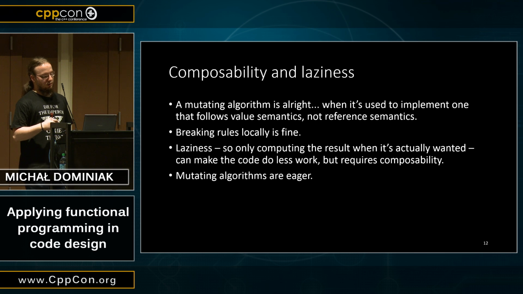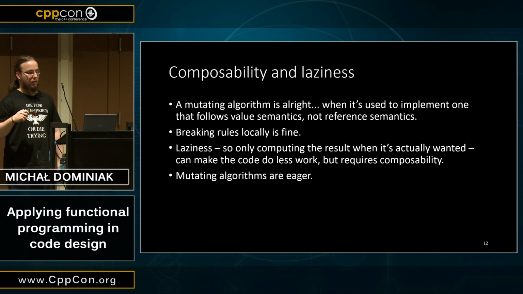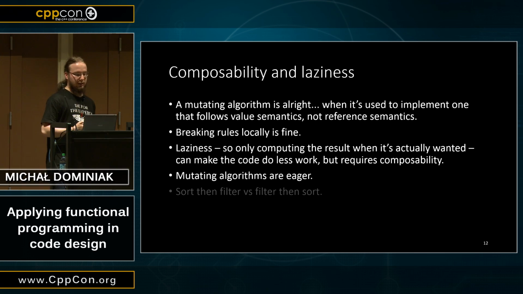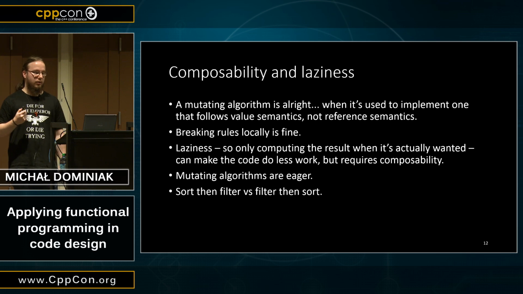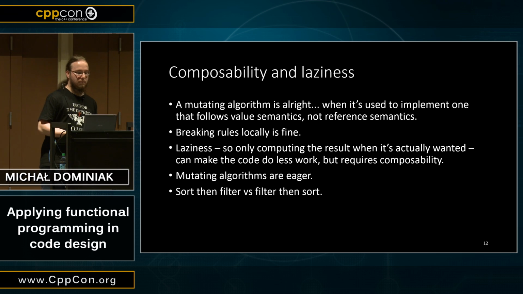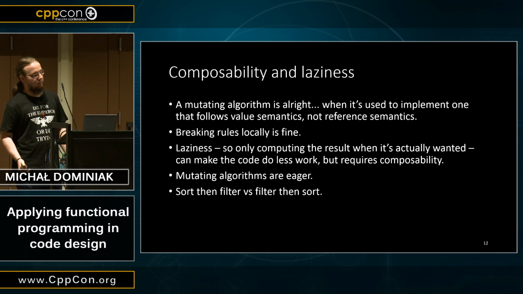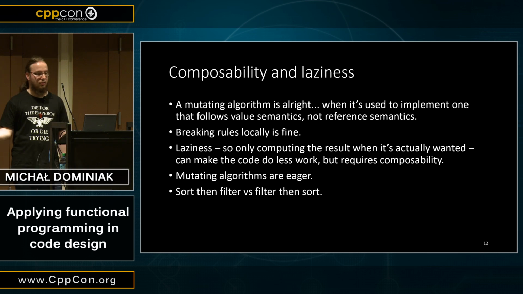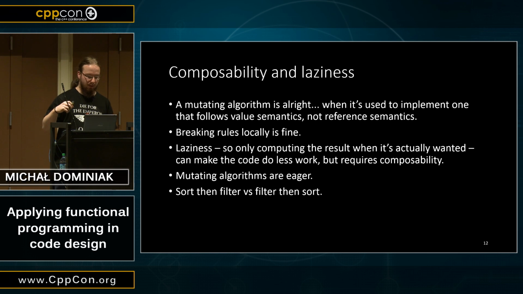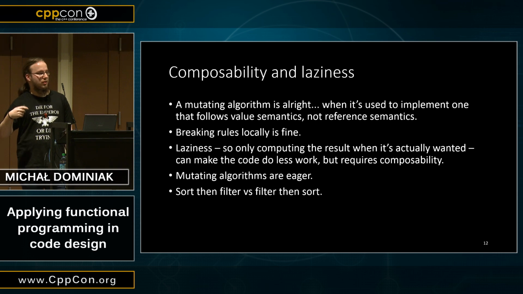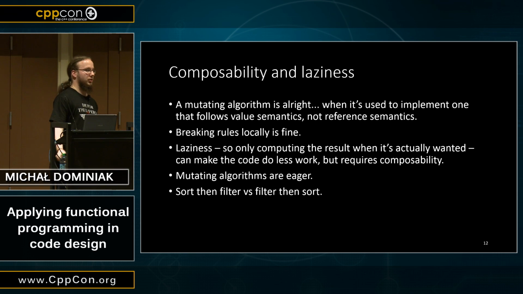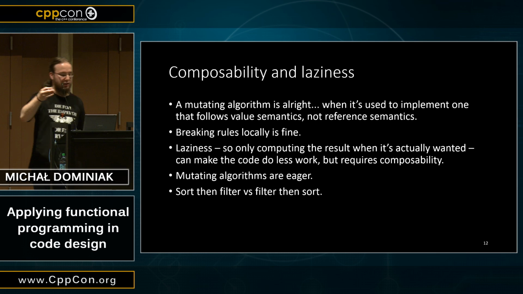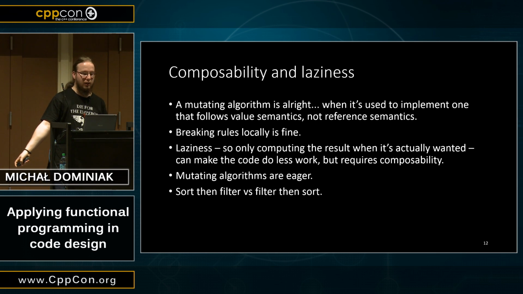And yeah, mutating algorithms are not lazy. A simple example: if we have a range and we first sort it, then we filter some elements out or some elements in, we sorted too many elements. We sorted the parts of the range that we do not care about, which we are throwing away right after that.